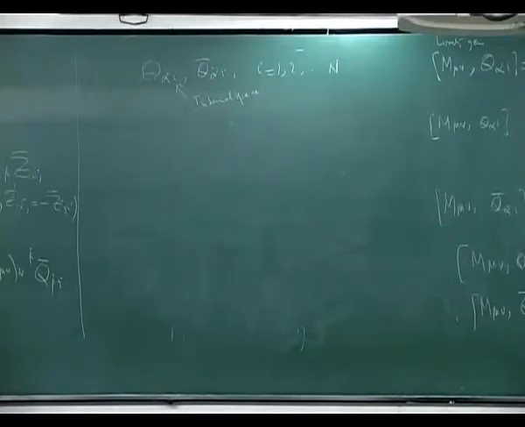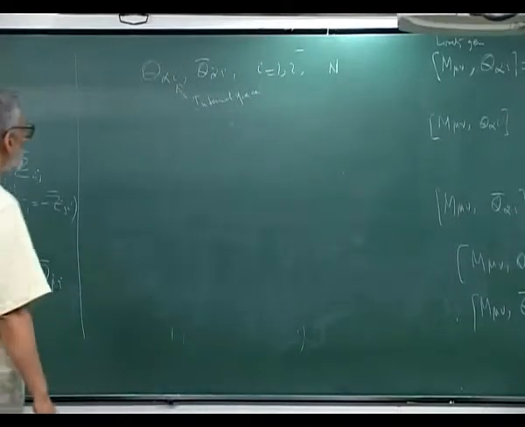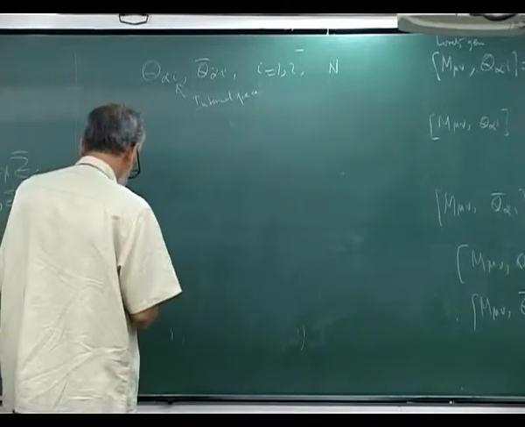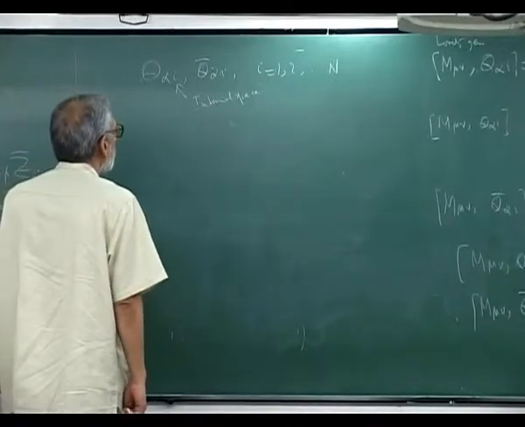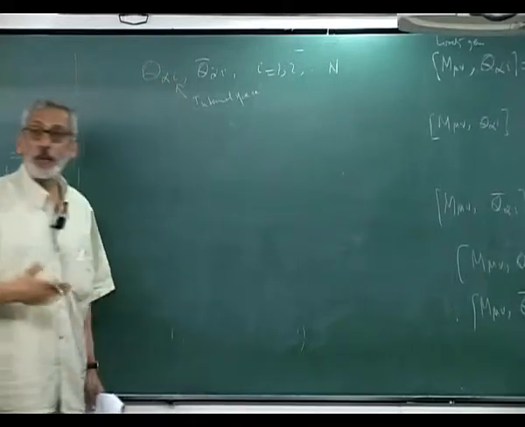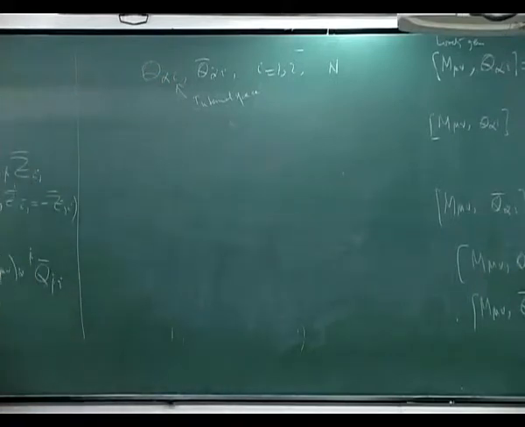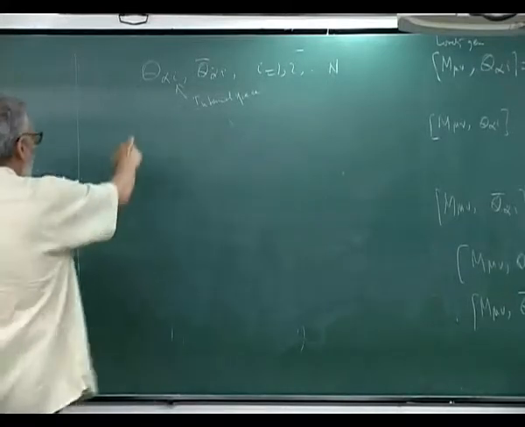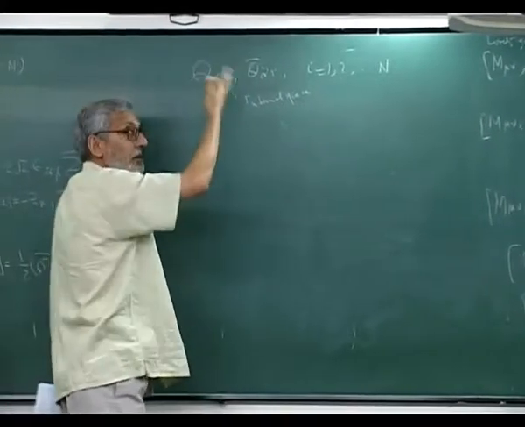Under the Lorentz group, this index is neutral. And these are n complex objects for every alpha. For every alpha, there are n complex objects.